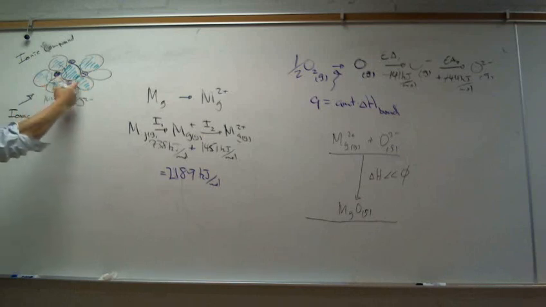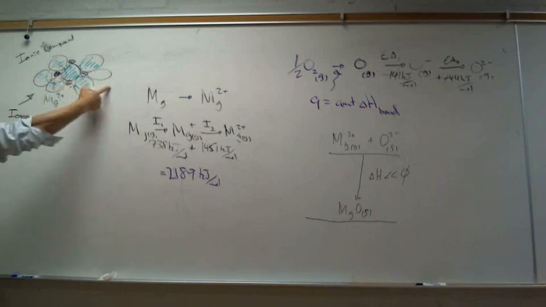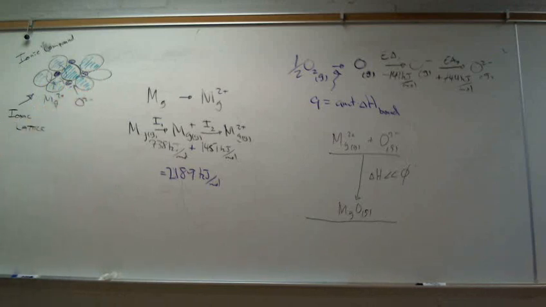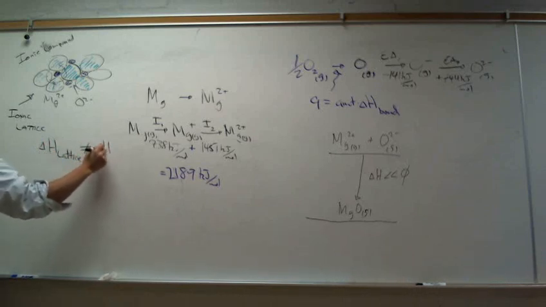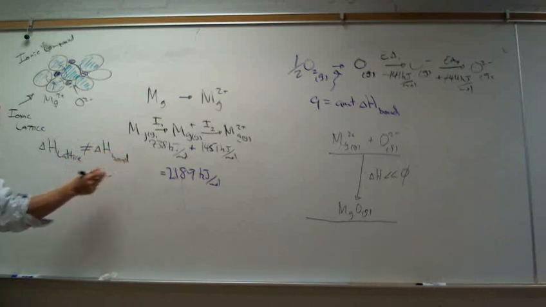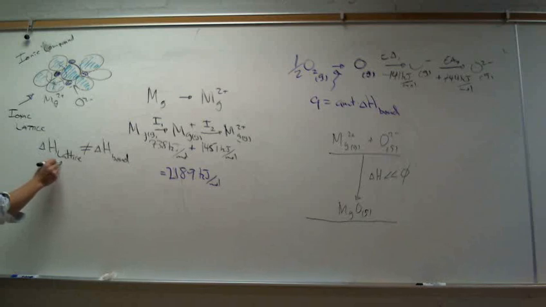And then the next nearest neighbor is an oxide, and it's attracted. And so this is what we have here. This is called a lattice. When we think about the lattice energy, it is not equal to the bond energy. It's not just one bond we're breaking. In other words, we have to break a lattice of bonds.